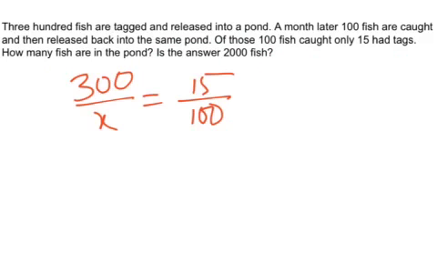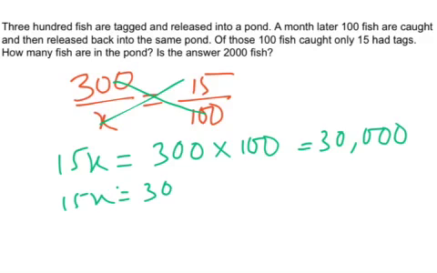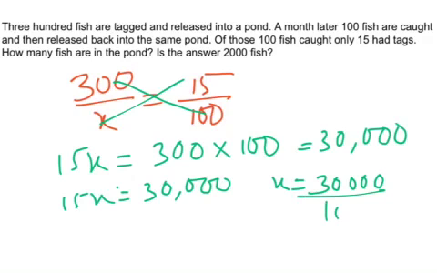Yes, doing the same in the second method here: 300 in the first trap by x equal to 15 out of 100 having tags here, and we apply the simple mathematical formula that 15x equal to 300 into 100, that means 30,000 we get here. 15x equal to 30,000, that means x equal to 30,000 by 15.